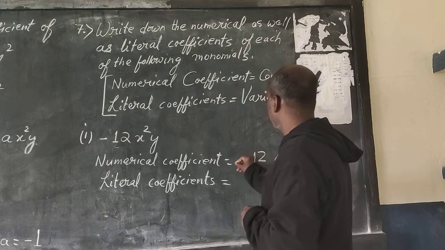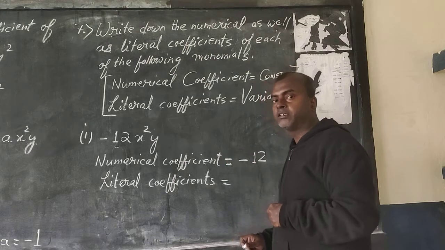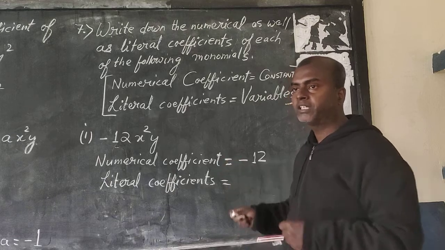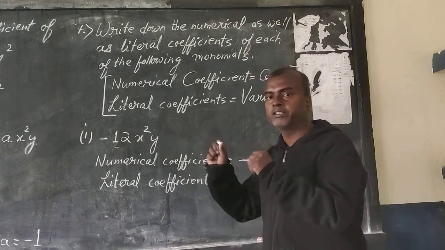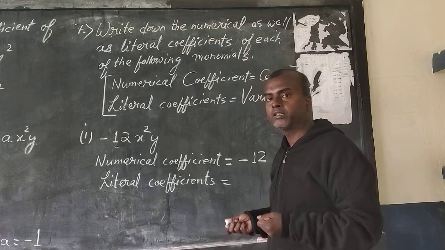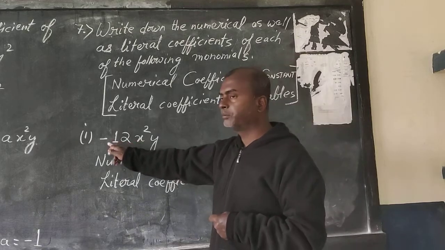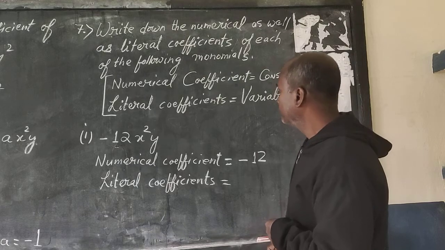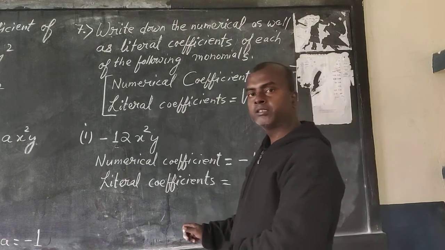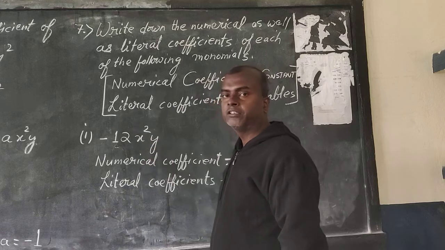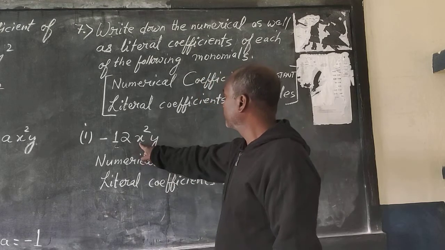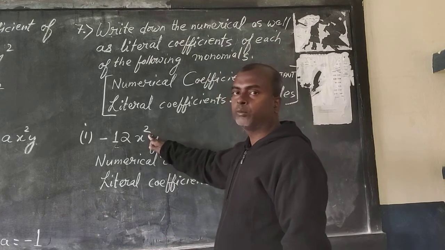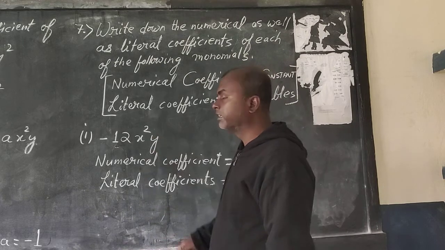Remember I said along with the number the sign also matters. So that sign you have to write if there is a minus sign. For a plus sign we don't have to specifically give the plus sign, because by default the number is plus. But if there is a negative sign, then that negative sign has to be written and shown. Now what are the variables? As I said, the letters of the English alphabet. So what are the letters? x square, y. Now you might think that square is a number, how can it be in the literal coefficient?